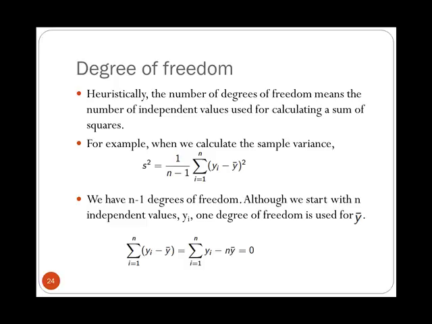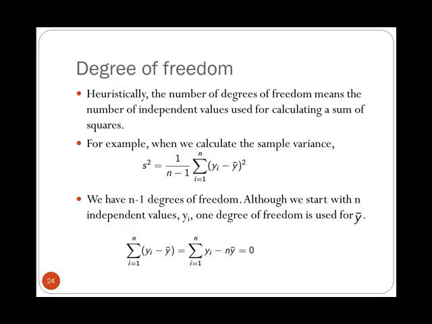For example, if you are calculating the sample variance, the sample mean will be the only intermediate step. So the degrees of freedom when you calculate the sample variance will be n-1 because the sample mean is the only intermediate step.